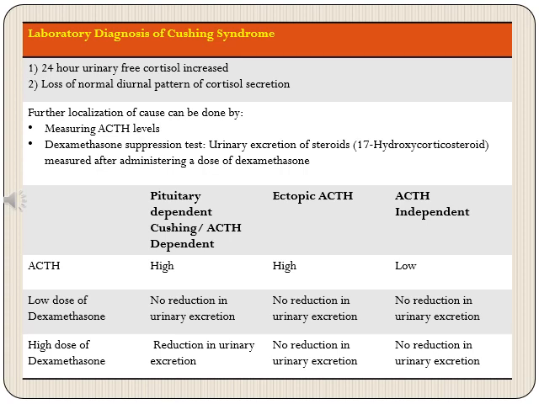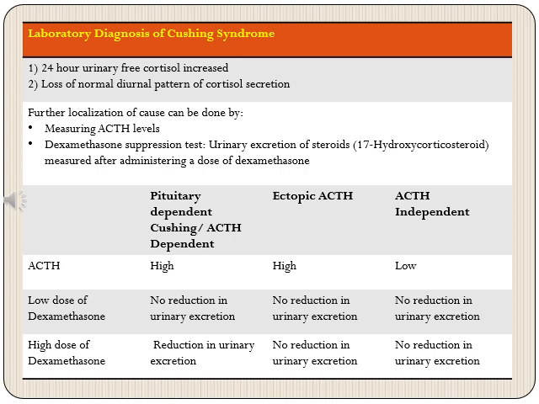Here, urinary excretion of steroid, particularly 17-hydroxycorticosteroid, is measured after administering a low dose and a high dose of dexamethasone. Based on these two parameters, we can identify where the cause of Cushing is.